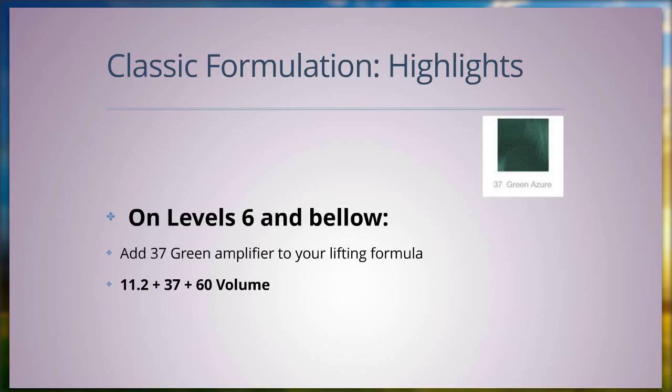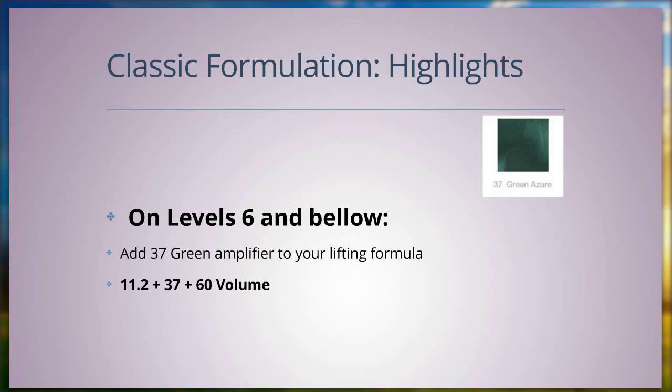Okay. So instead of that, what we try to do is make solutions for you guys so that it takes less time and you get better results with less damage to the hair. In this situation, you can take 11.2, and I'll give you an actual formula.